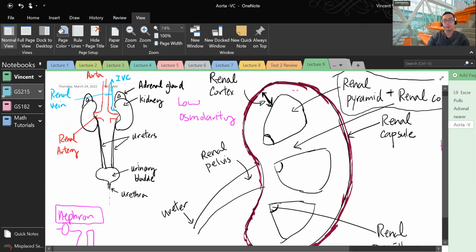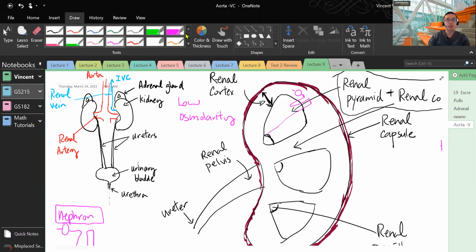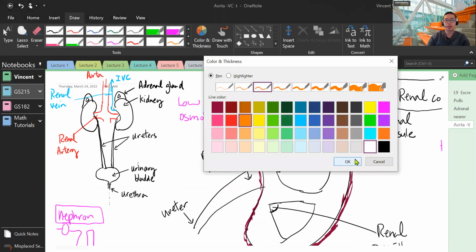So there's going to be the Bowman's capsule, proximal tubule, loop of Henle comes back up. It just goes into the medulla and then comes back up. Distal tubule, and then you're going to have the collecting duct that goes all the way down. And I'm going to use a different color to show you another nephron, perhaps.